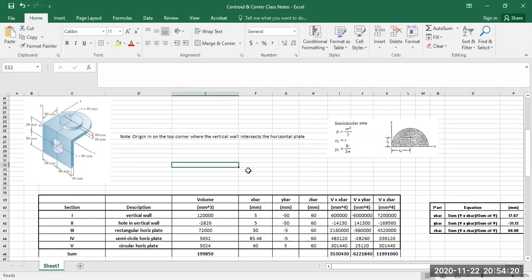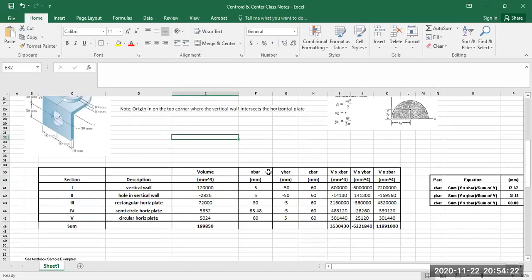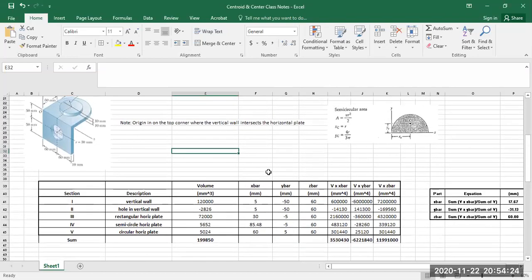Okay. So now, remember what the equation was. Hang on. Let's go back, and let me go to my overview, and let me pull out the equation.